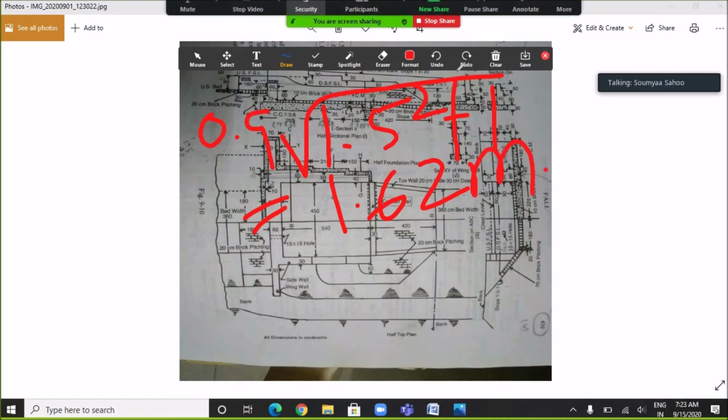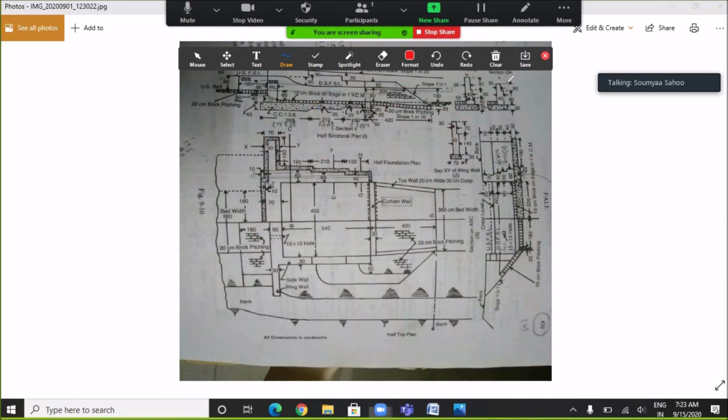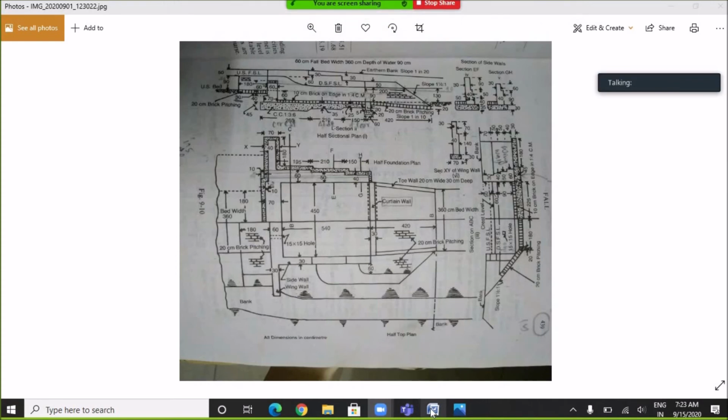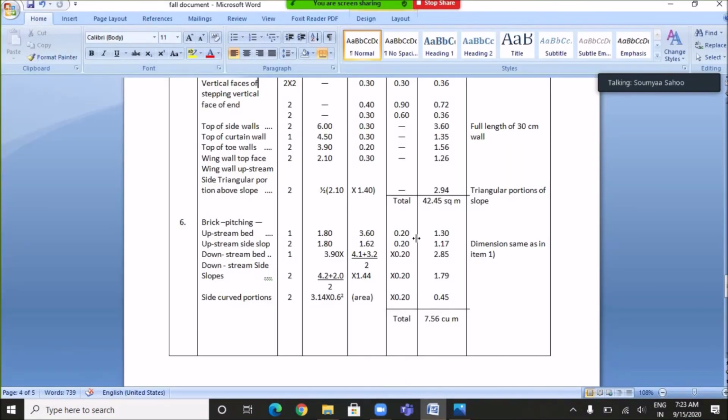And the depth of the pitching will be 0.2 meter. So if we fill this data, we are going to get the quantity as 1.17 cubic meter.